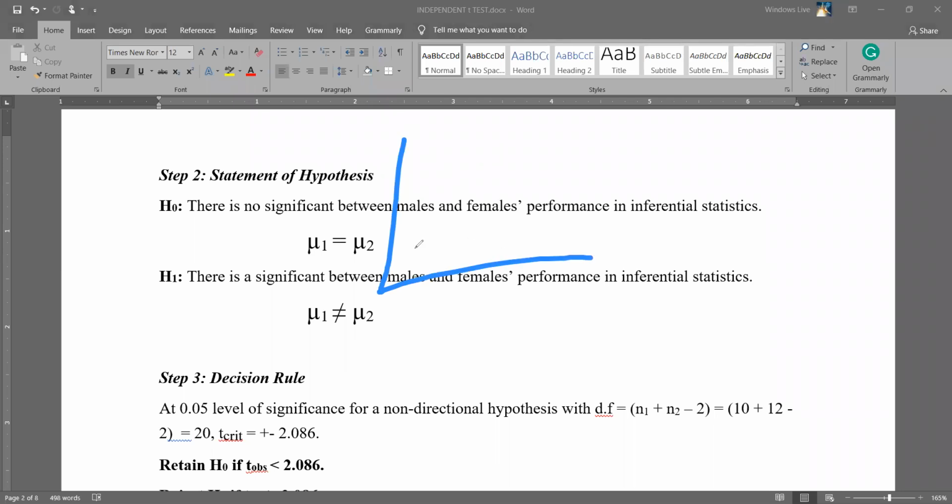When you draw the normal curve, this side is 0. Scores around this side should be negative, and scores around this side should be positive. If they had said males will be higher than females, then we would expect our scores to be positive around this side, so it should be one-tailed.